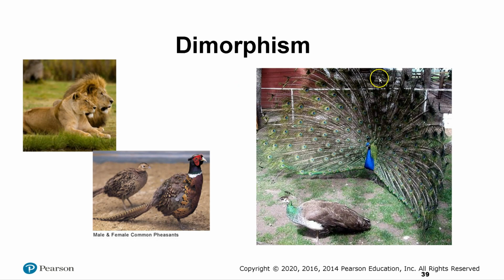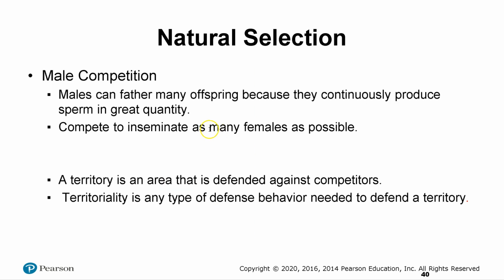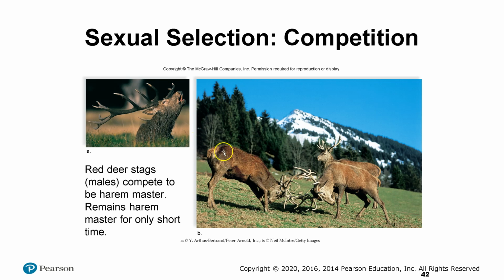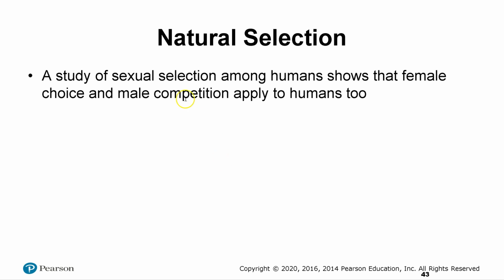Here's a drab female; the peacock is the male. Male and female common pheasants, male and female lion. Males compete for territory and for mates, and the strongest wins. In theory, if you look beautiful, if you look healthy, if you compete and win, you have good genes to pass on. That's a hypothesis.